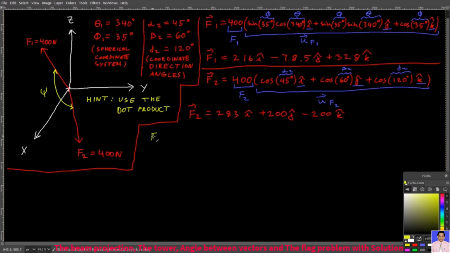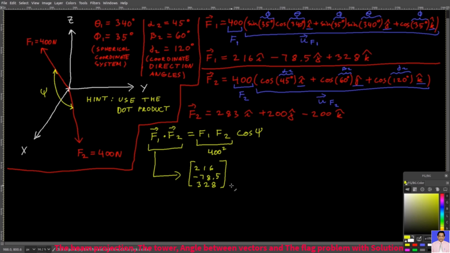And then you know that F1 dot F2 equals the product of their magnitudes times cosine psi. So this one is 400 times 400. Essentially, it's 400 squared. And then this one here, that's F1 dot F2.